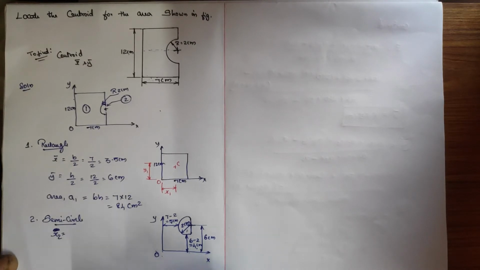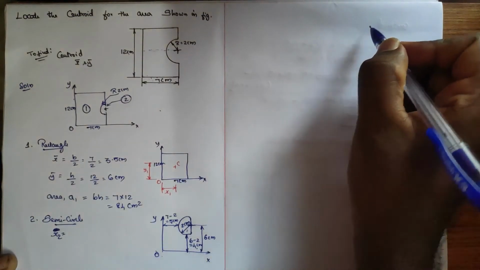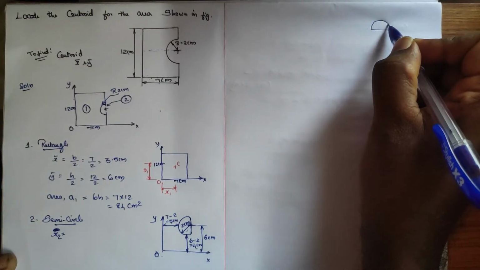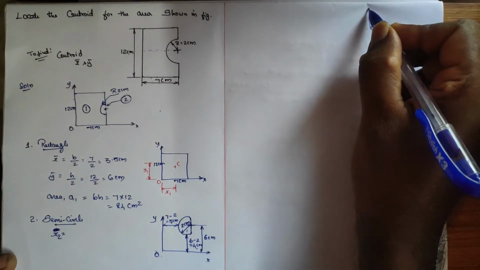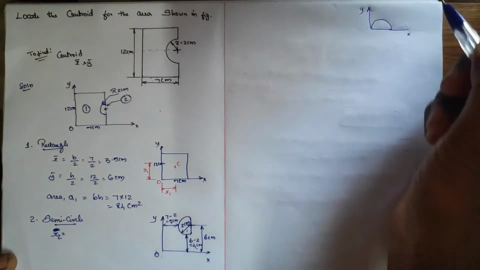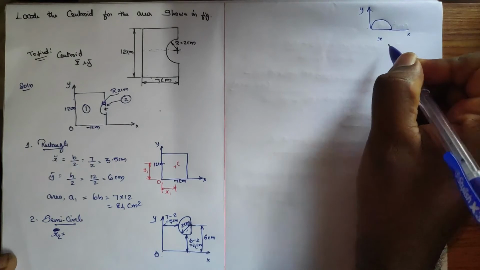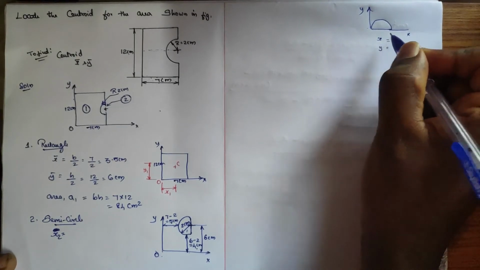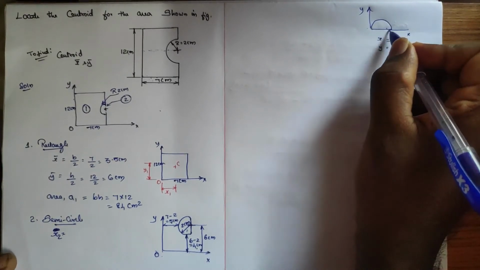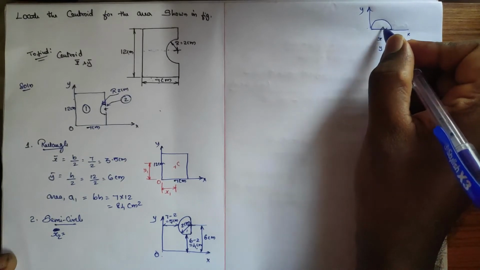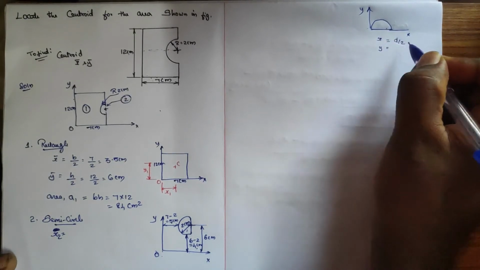In order to identify it, we need to bring to mind how this position is. We actually learned the centroid formula for this position, x and y. For this x we put d divided by 2, since it is the diameter.